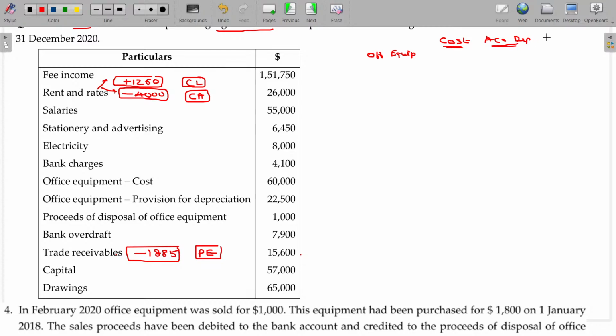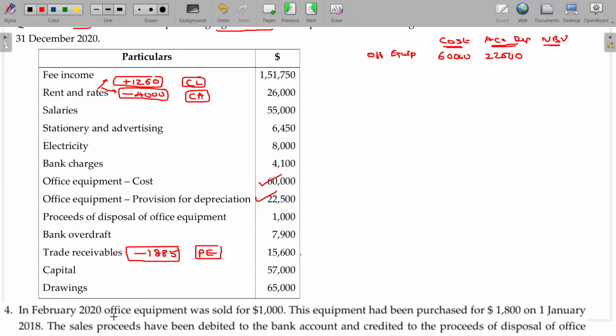After subtracting, you would get net book value. In the beginning, we have cost being 60,000. Provision for depreciation in the beginning being 22,500. Is that okay?